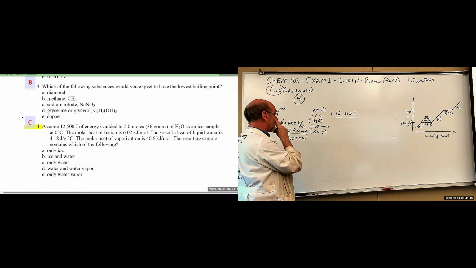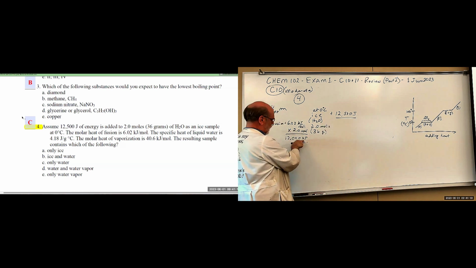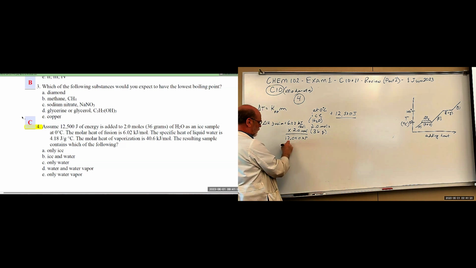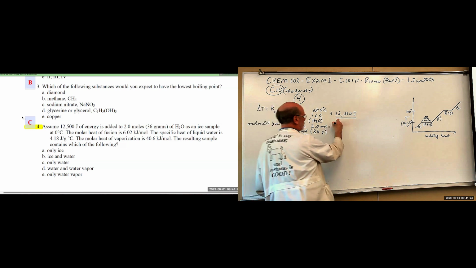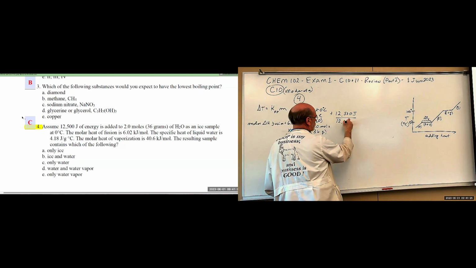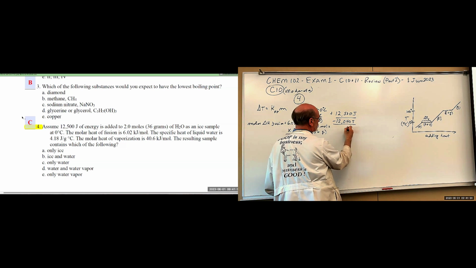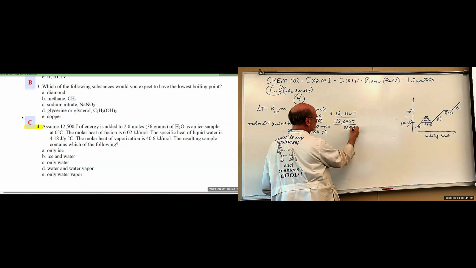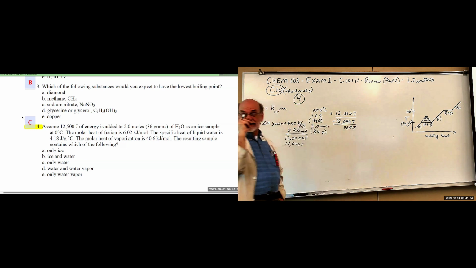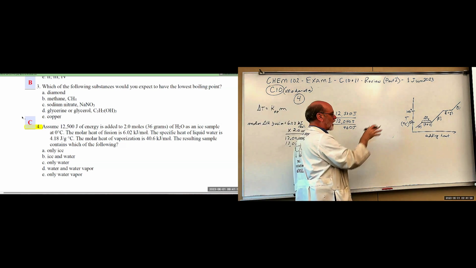Do we have any left over? Well, kilojoules is what? 12,040 joules. What do we got left over? 460 joules, right? And we still got that much energy left. So we can heat the water up.